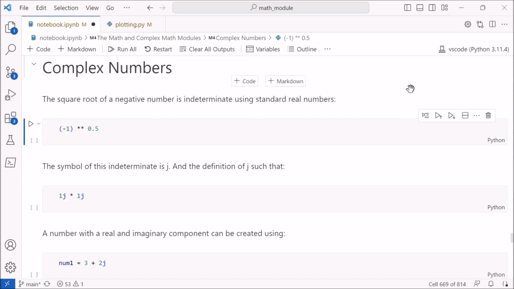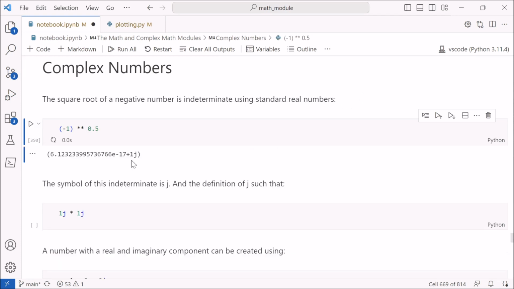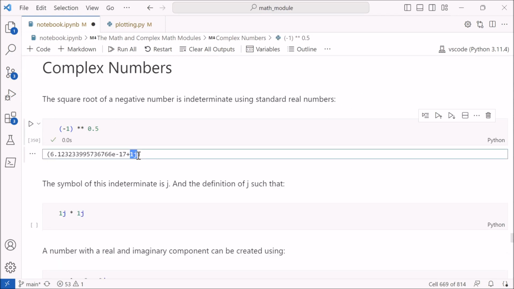There's an associated complex math module. So recall that the square root of a negative number is indeterminate using only real numbers. So what happens is we introduce this term j, which is used to represent an imaginary number. This is effectively 0.